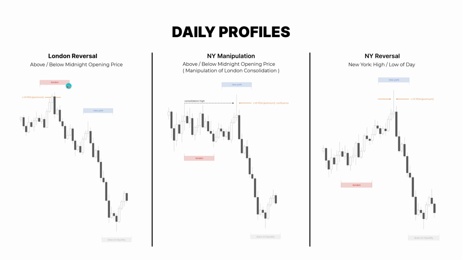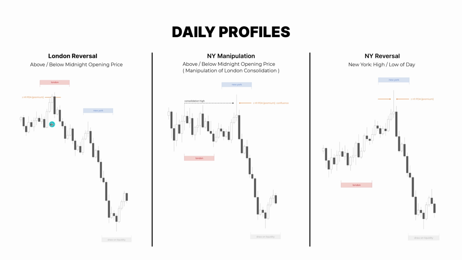So from London, we let London print out, we see that London tapped in. It's basically a manipulation of the Asian range and the overnight session, if you would like to say it like that. Normally it doesn't always manipulate the Asian session or the overnight session. You just need to focus on the fact: did London hit a 1 hour or above PD array, and did it displace lower, creating a change in the state of delivery so that New York can follow it through.